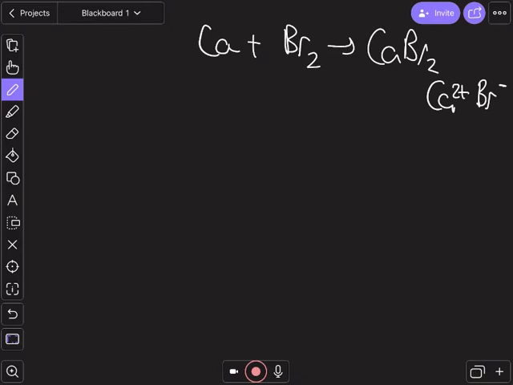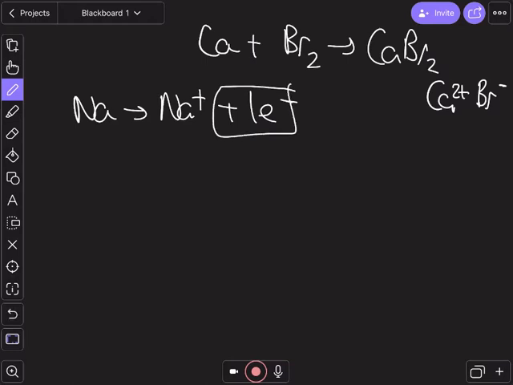Because it's telling you when you're writing your half equation. So I'll go back to the other half equations. It was Na goes to Na+ plus 1 e-. This is telling you that this electron is lost, but we don't write it as a subtraction.